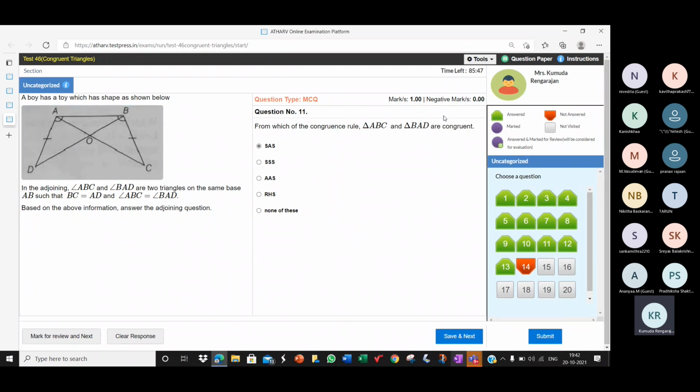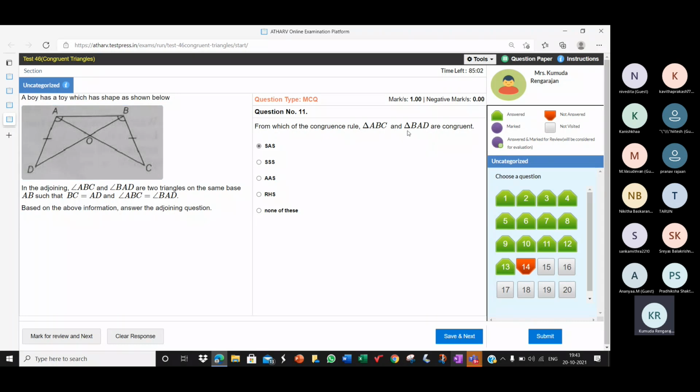In triangle ABC, this is angle C. The third letter here is D, so this angle C is equal to angle D, which is angle D of triangle BAD.